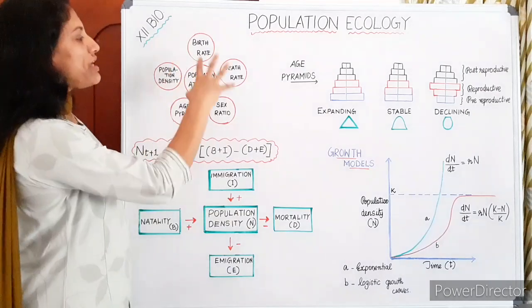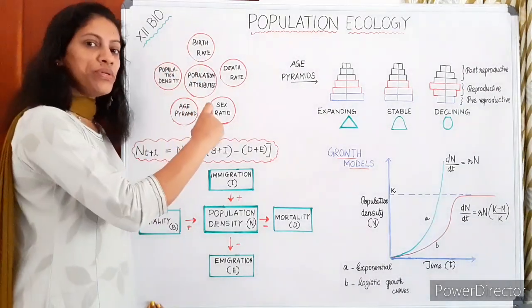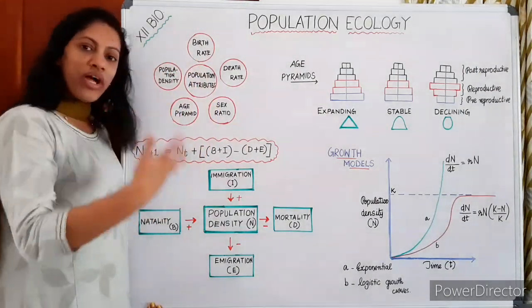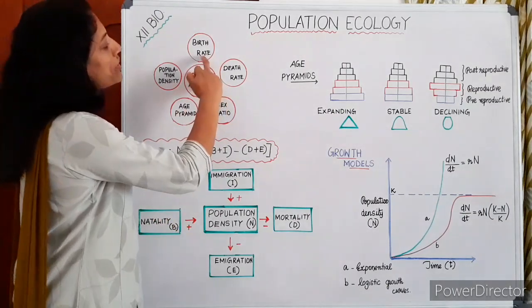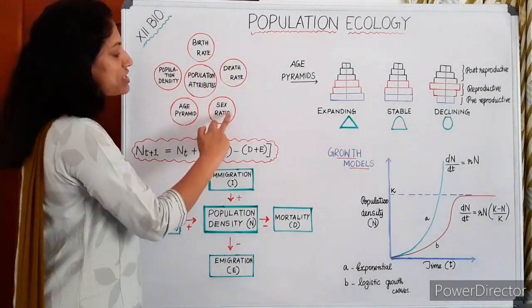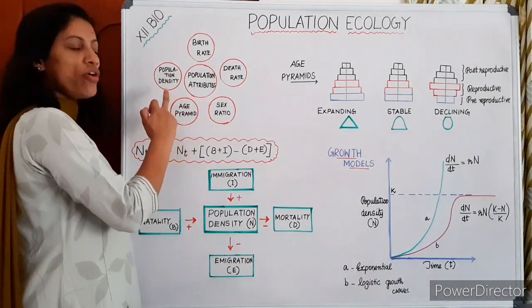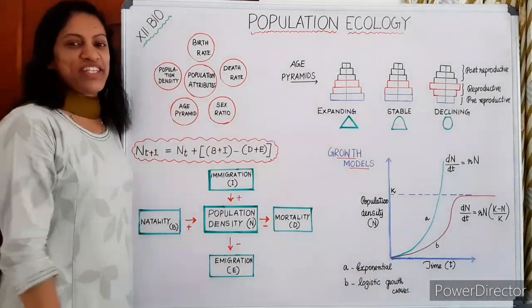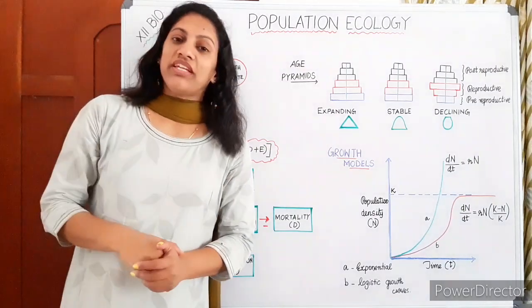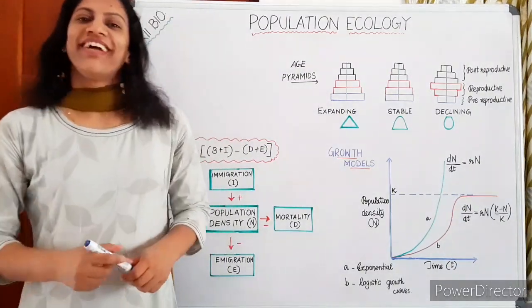The five major attributes we are going to discuss are birth rate, death rate, sex ratio, age distribution, the age pyramidal form, and population density. Let us move to the details one by one.